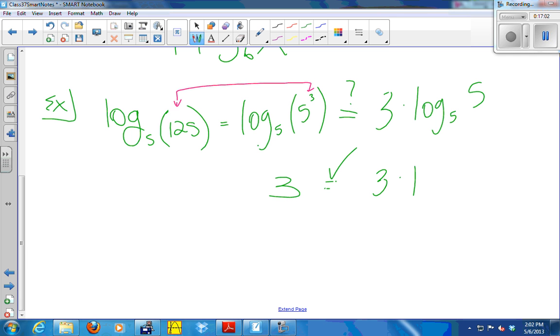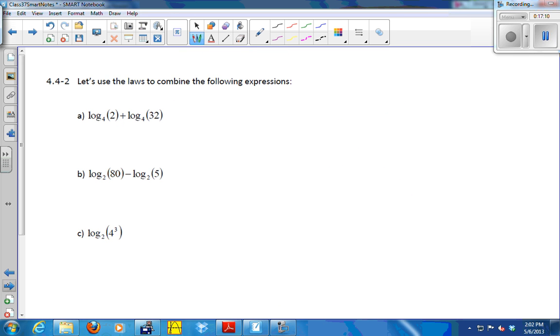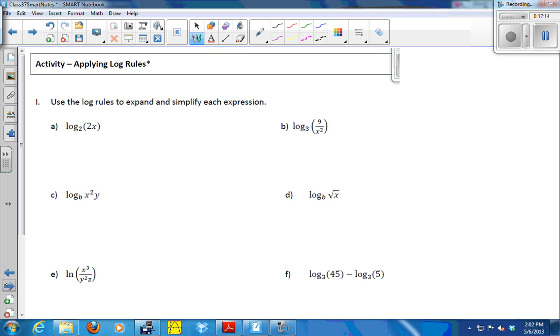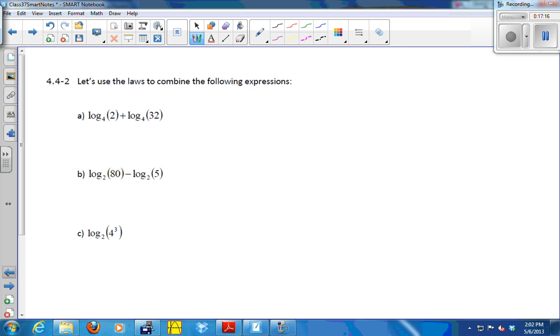All right, so the rest of the class is to be used for practicing applying these properties. So I'm going to do one with you in each section. And actually, sorry, I have to do these first. Okay, so remember my properties were log base b of xy equals log base b of x plus log base b of y.